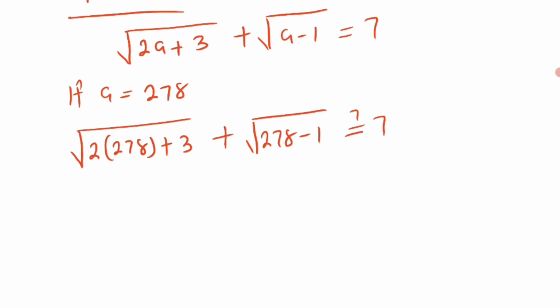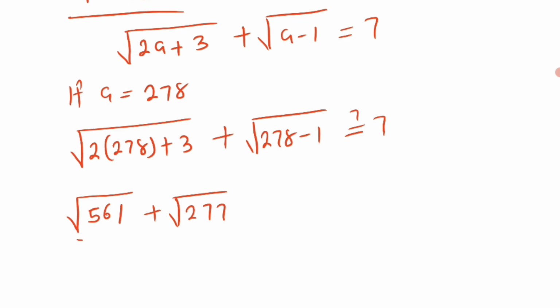Now this is square root of 2 multiplied by 278 plus 3. That will be 561, plus square root of 278 minus 1, this is 277.